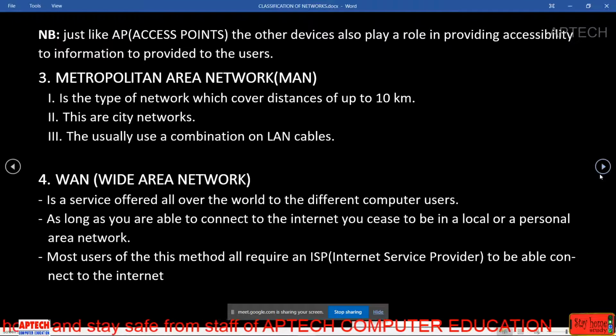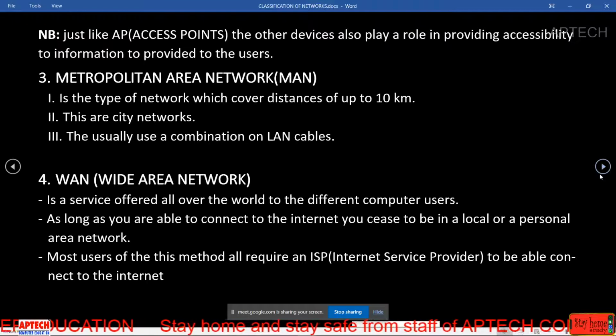Those manholes usually carry fiber optic cables. Fiber optic cables are used a lot for cities, especially if you want to send information very fast and very efficiently.